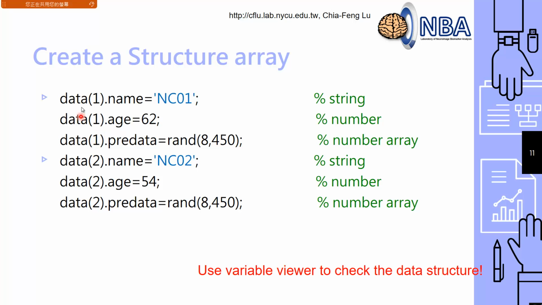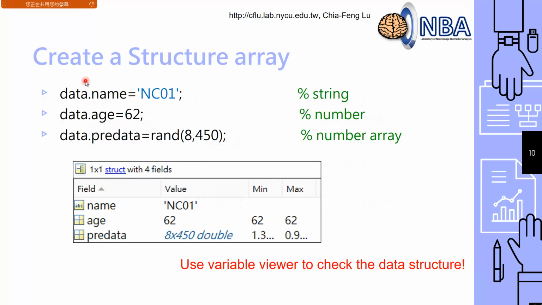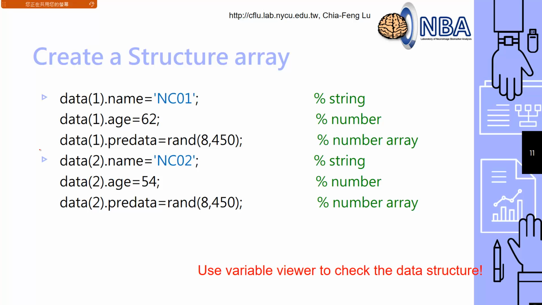For the very first subject, you can omit this, because when you get nothing within the data, MATLAB will automatically put everything in the very first slot, the very first position. That means the first subject, right? But starting from the second subject, you definitely need to put these things.